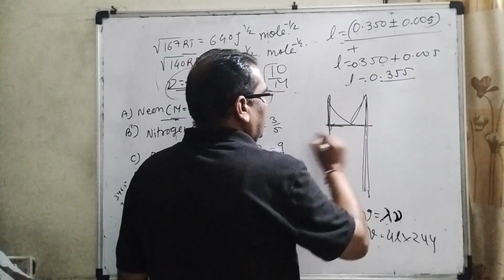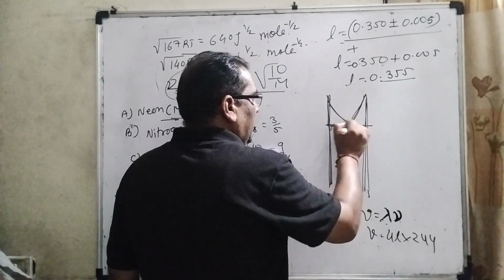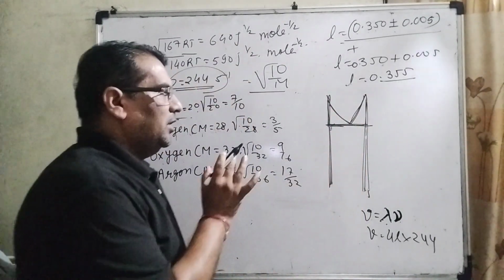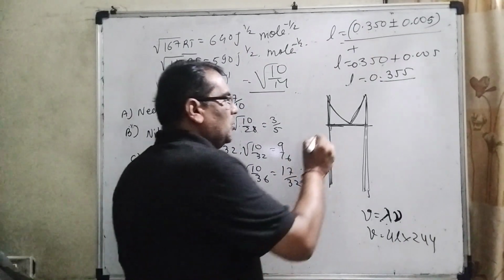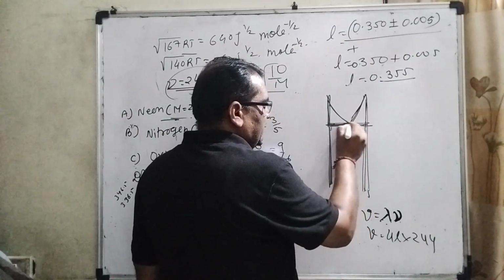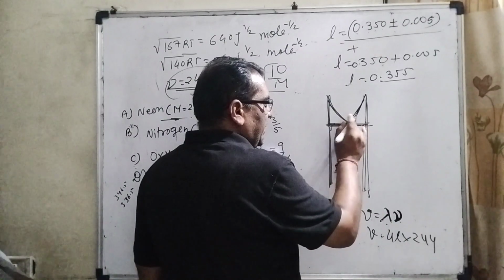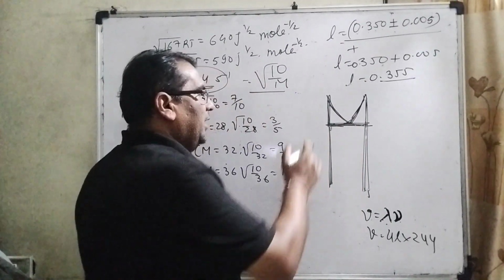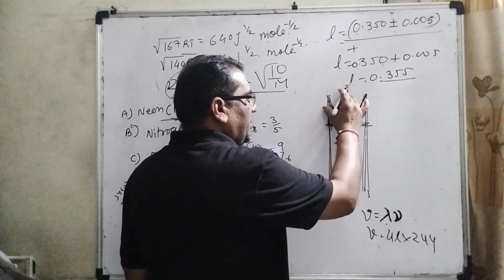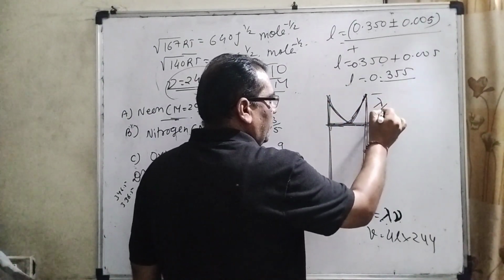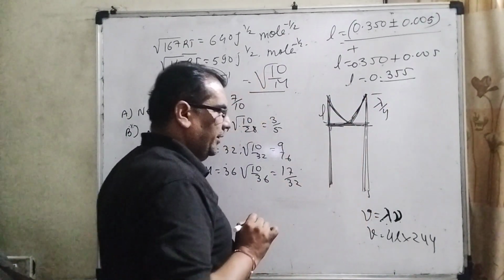As you know very well, the closed resonance tube works as a closed organ pipe. In a closed organ pipe, a node is formed at the closed surface, and an antinode is formed at the open end, and the distance from antinode to node is lambda by 4. It is the L. Is it clear?